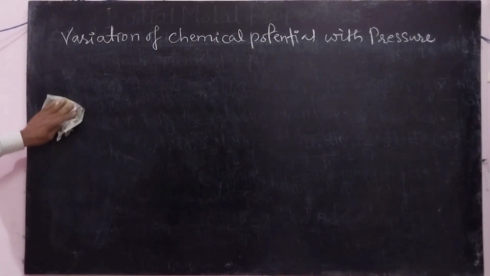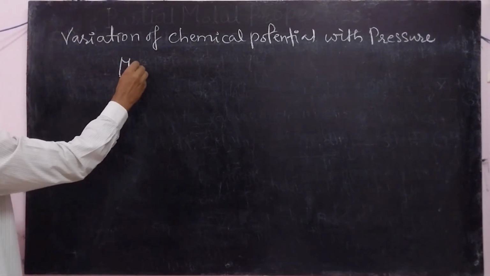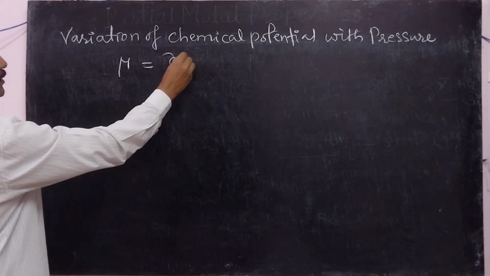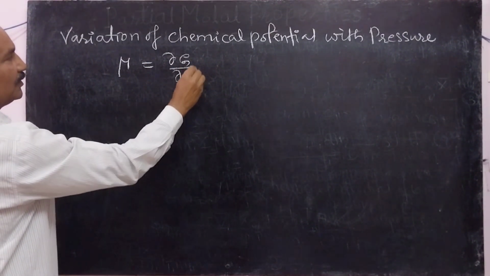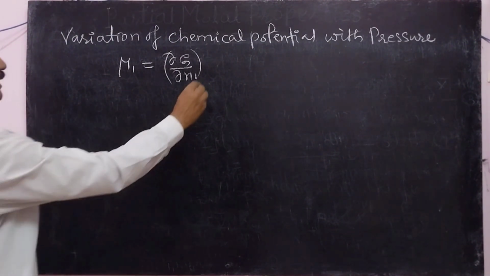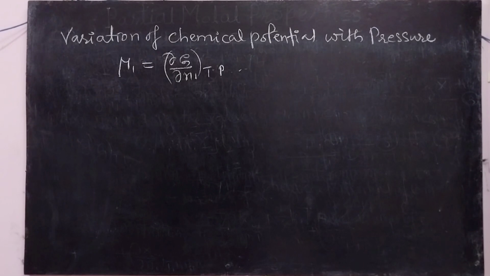And we have defined here that chemical potential is defined as dou G divided by dou N1. Suppose this is for one component when temperature and pressure are kept constant.